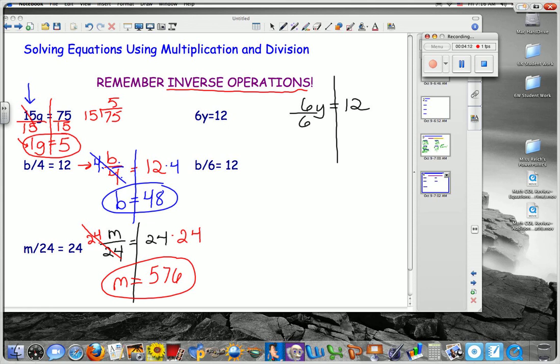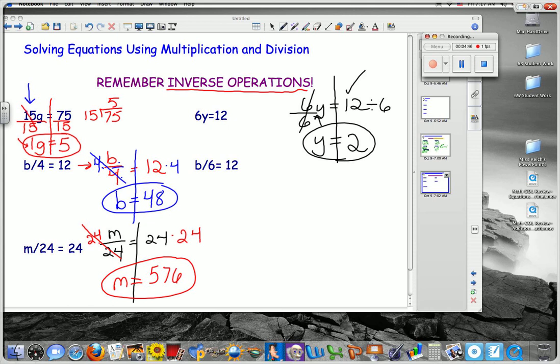When I do that, this goes away. I'm left with y equals, now I divided by 6 over here, so I've got to divide by 6 over here. 6 goes into 12 2 times. Okay? And if you plugged it back in, 6 times 2 is 12. So it checks.